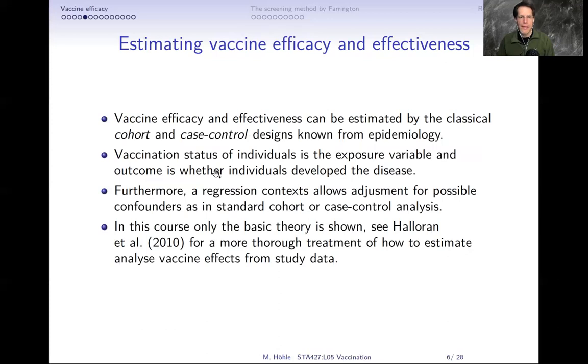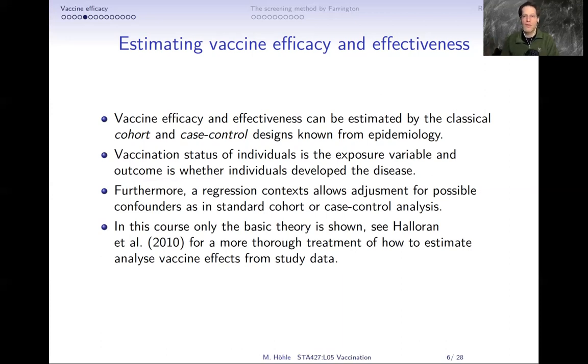The outcome is whether the individual develops the infection, or the disease. Maybe it would be better if I had written infection here if we're looking for VES. Of course, there can be all kinds of additional things you want to do. You may want to use a regression context, for example, to adjust for possible confounders in such a study.